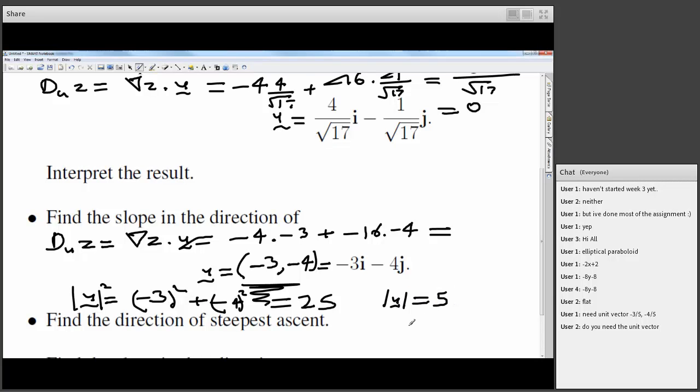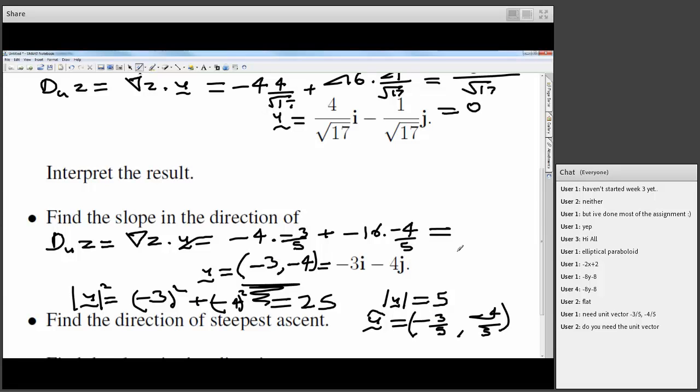And so what we really need to do before we do anything else is normalize it. So by putting a hat over the top, essentially, by dividing each component by 5, which is what someone wrote down in the chat box. So we need to multiply not by -3, but -3 on 5, and -4 over 5 correspondingly.